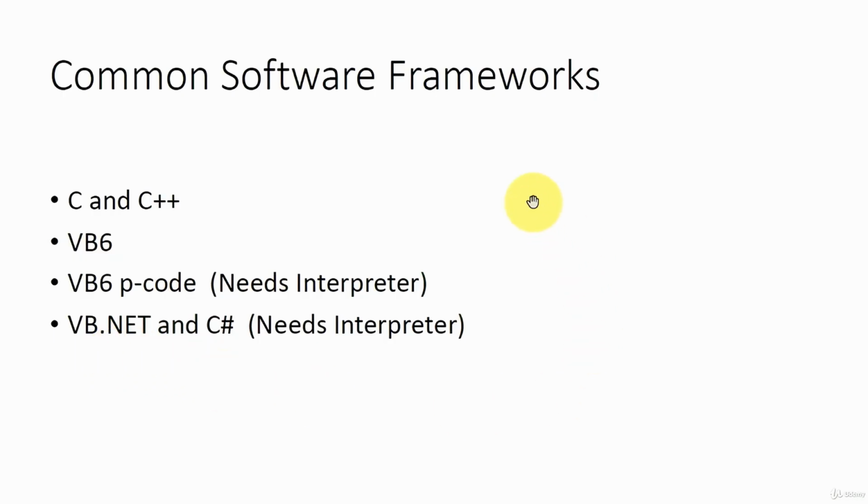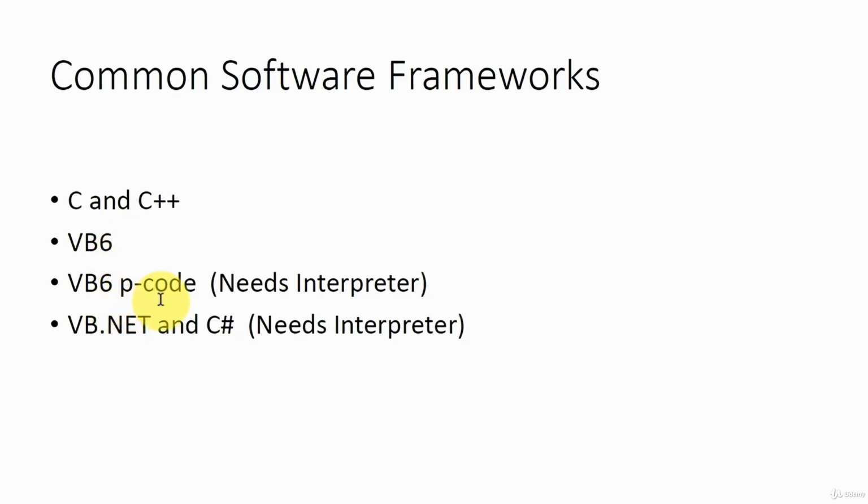So far we have already covered C and C++, VB6 and VB6 P Code in the previous lessons for this course. And we have seen that C and C++ will normally be compiled into native exe files, and same with VB6 as well.